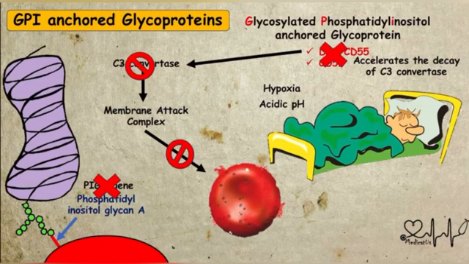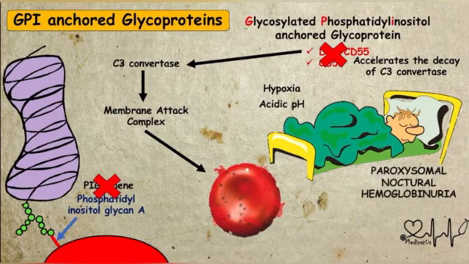And because of that, there is abnormal activation of the complement pathway causing activation of C3 convertase, and therefore the membrane attack complex is formed, leading to hemolysis of our RBCs. And as this occurs whenever the person is sleeping at night, it is called paroxysmal nocturnal hemoglobinuria, which is the only acquired stem cell defect.